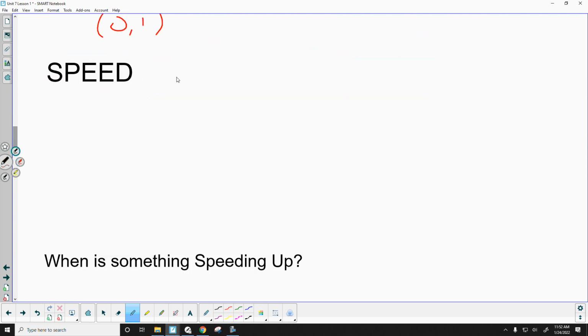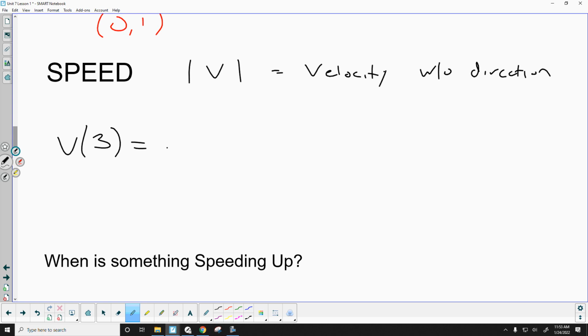Speed is the absolute value of velocity. It's velocity without direction. Okay, if your velocity at a specific time was negative, the speed at that time would be positive.